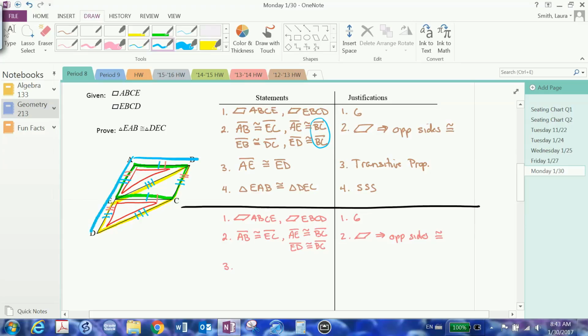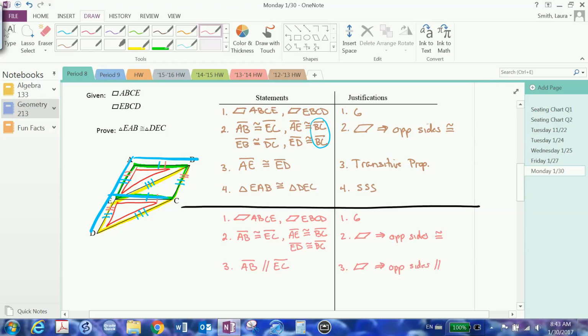All right? Okay. It's confusing to have all those marks on the diagram. Now remember, if I'm going to use side, angle, side, I needed this, right? I need that if I'm going to use side, angle, side.